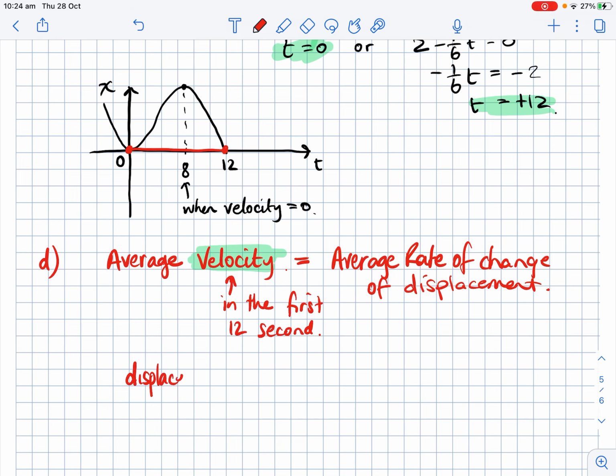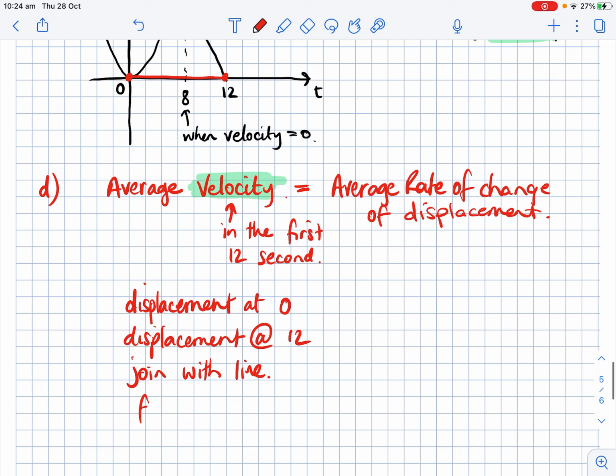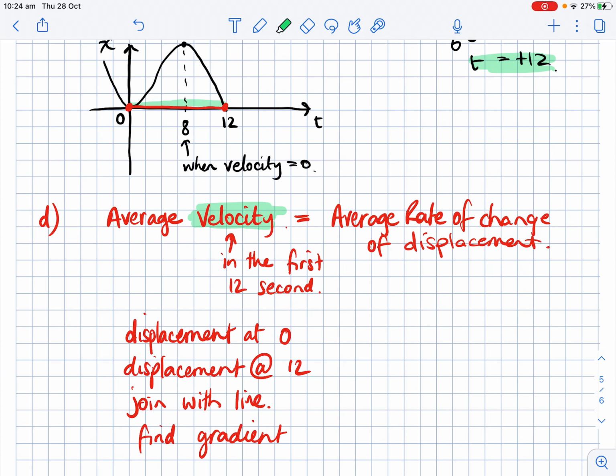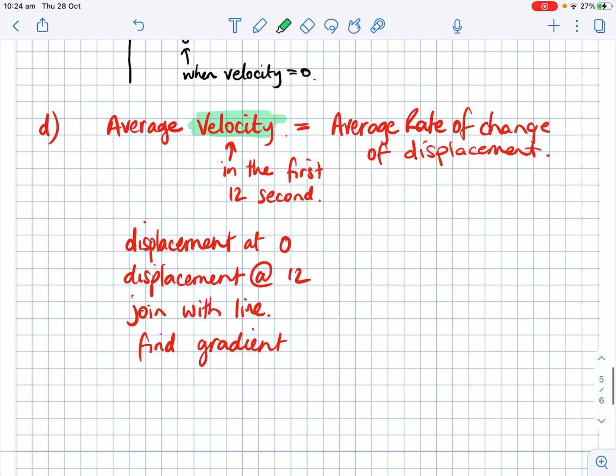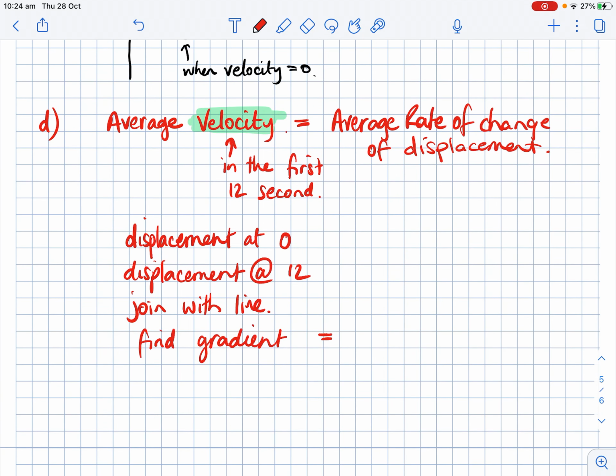Now, we can see up here that line is just a straight line. It's horizontal, so the gradient, in this case, is equal to 0.